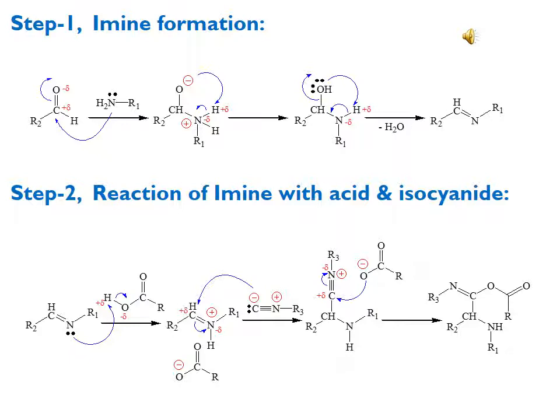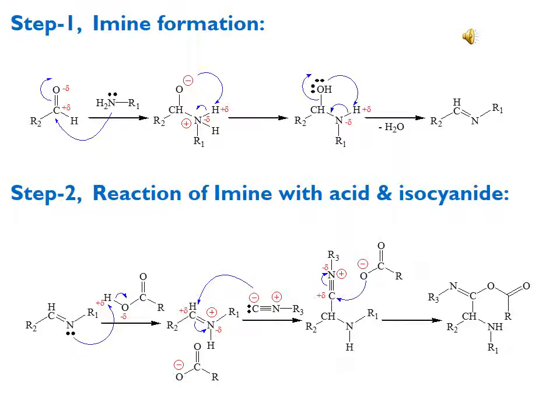Here there can be a question: we know there are two lone pairs on the oxygen, but at the same time we have nitrogen, which has one lone pair, and we know that nitrogen is a stronger nucleophile as compared to oxygen.